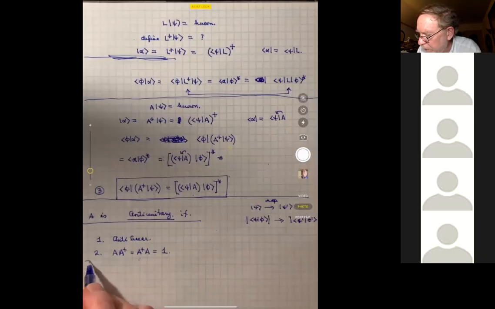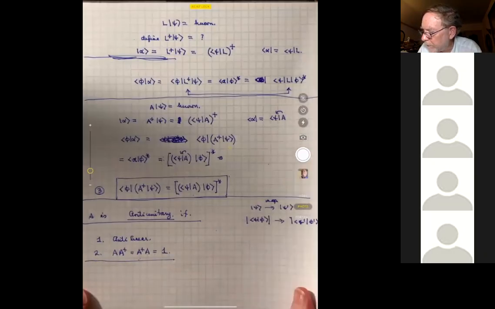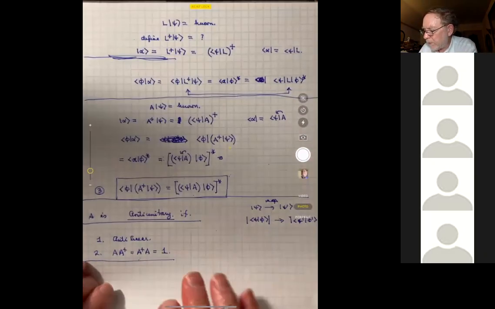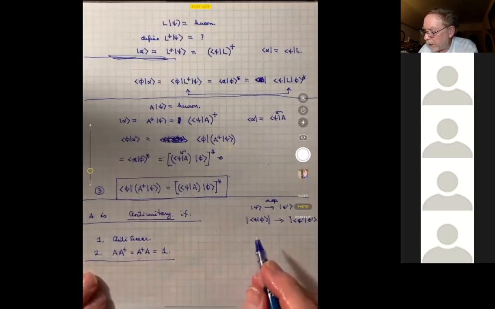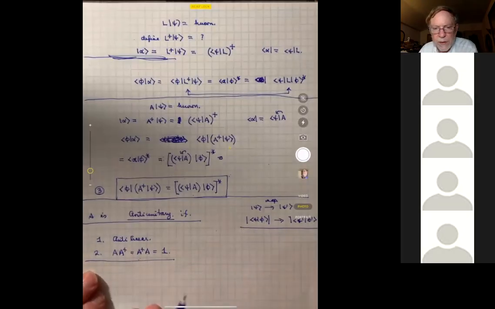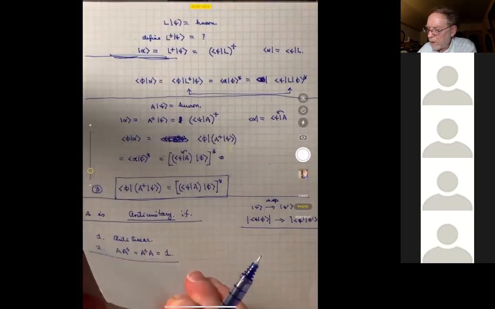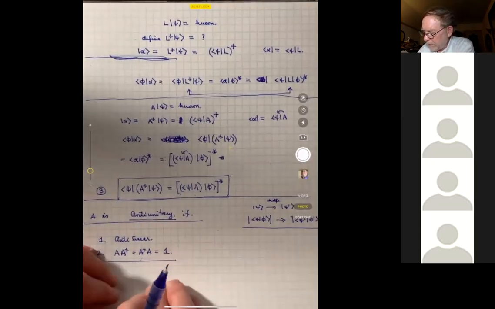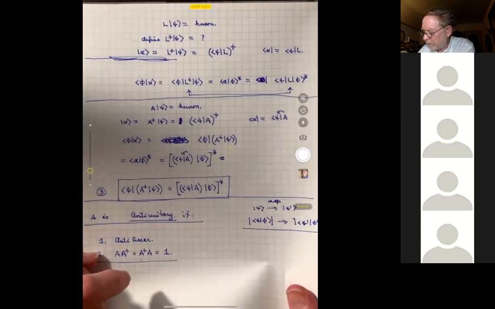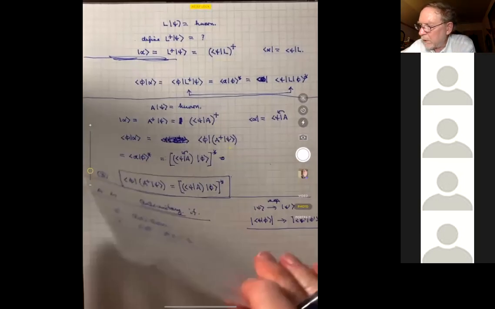All right, anyway, this is the definition of anti-unitary. It's kind of obvious. Let me show you some properties of anti-unitary operators. In particular, I want to show you that they preserve probabilities in the sense of Wigner. So it works like this. If I can get a single page of paper torn off here.